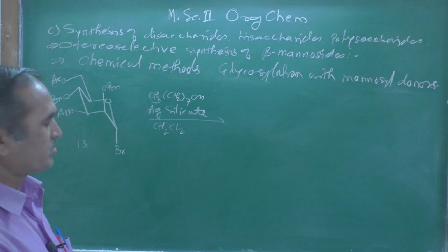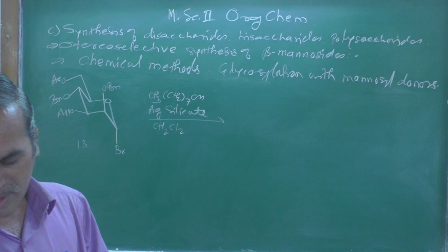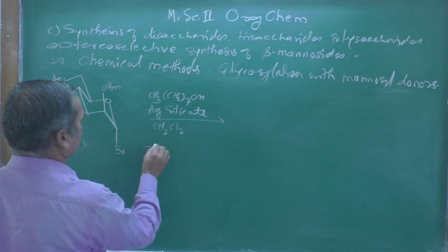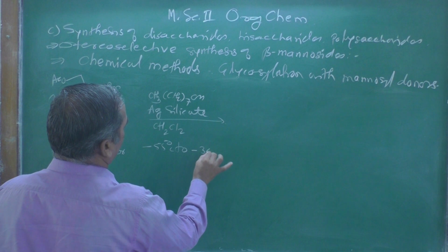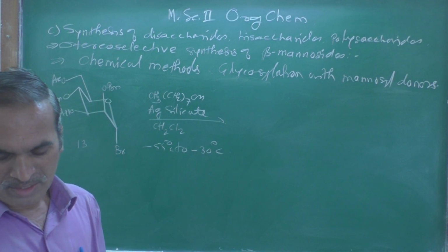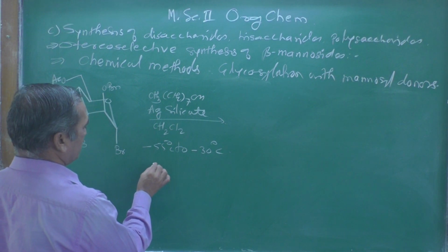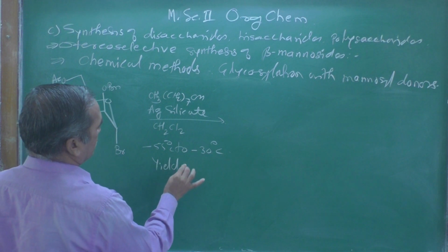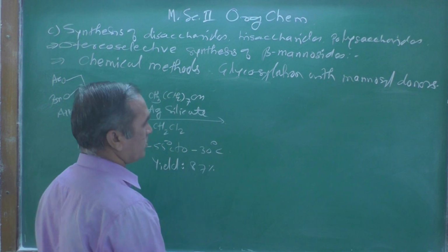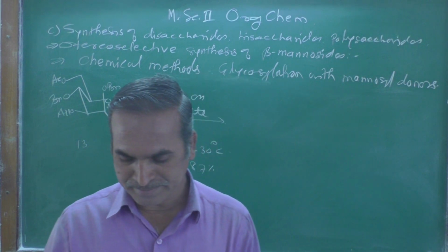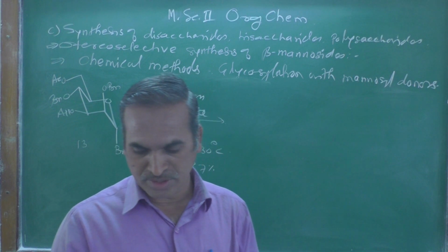The reaction is carried out at minus 55 degrees centigrade to minus 30 degrees centigrade, and the yield obtained is near about 87% if you keep these reaction conditions.